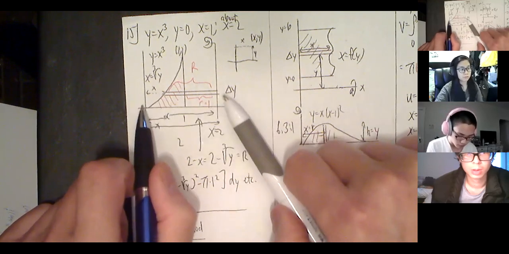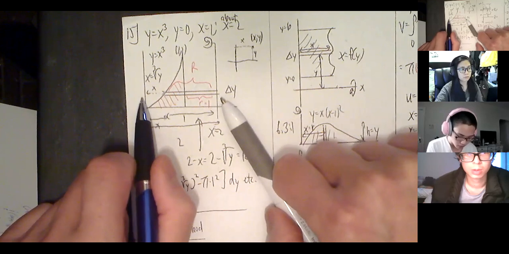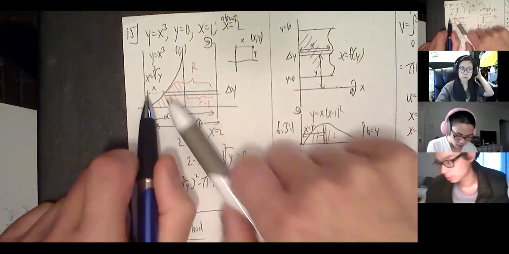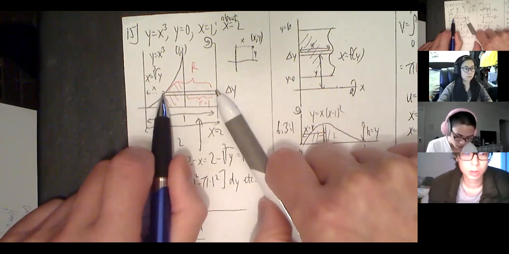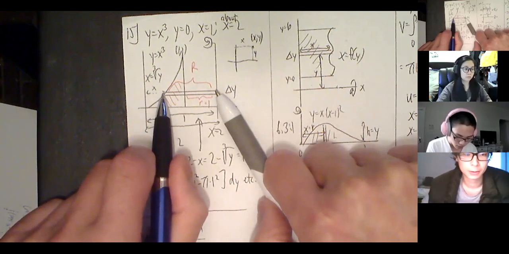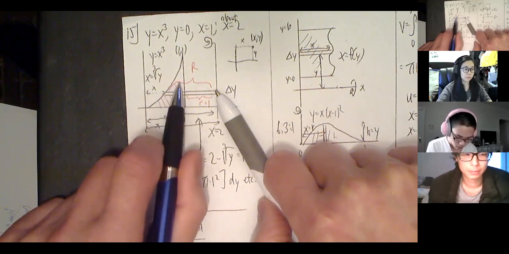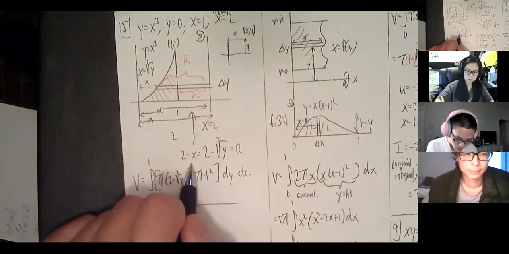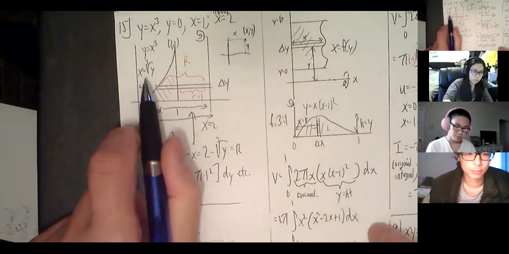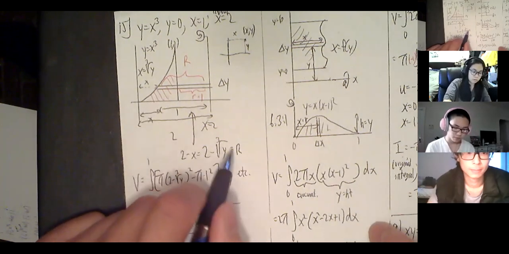All right, so if this is 2, and this is x, can you guess what this would be? 2 minus x. So big R is 2 minus x, but what is x? X is the cube root of y. Okay, so that's my big R. That's probably the hardest part of it.